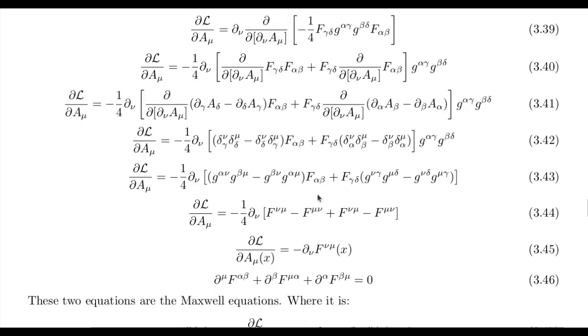We continue. We have here metric tensor with contravariant alpha nu. Here we have F with alpha beta covariant. That means that this alpha index becomes a contravariant nu.